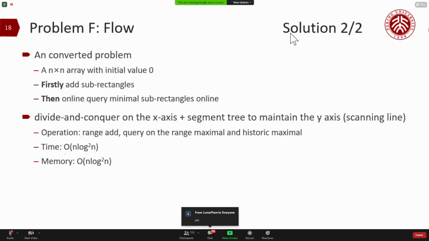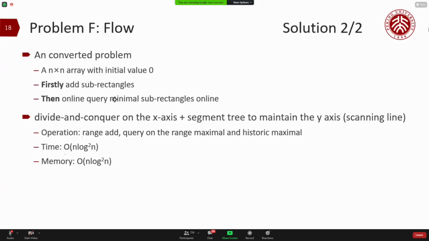Thank you. Yeah, so we use the matrix Aij so that we can convert the computation of Cij to some operation on this matrix Aij. So how to do the computation? Initially we get an n by n array with initial value 0, and then we add the subrectangles.